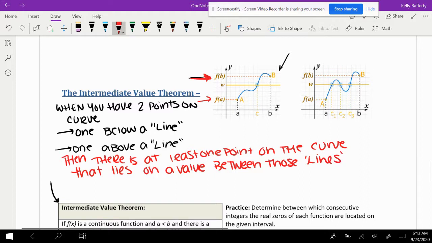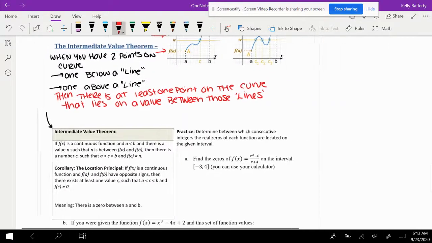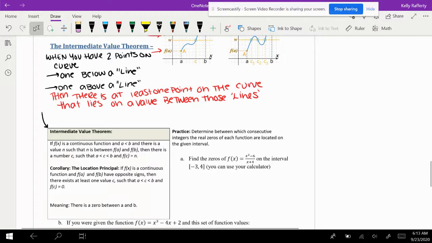Usually we're talking about the x-axis, and this is to help find zeros. And like I said before, the book defines it more with our x and y's here.